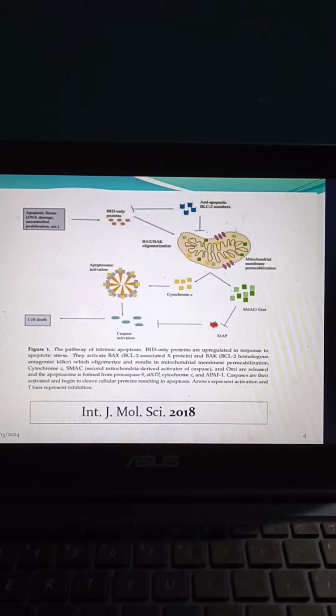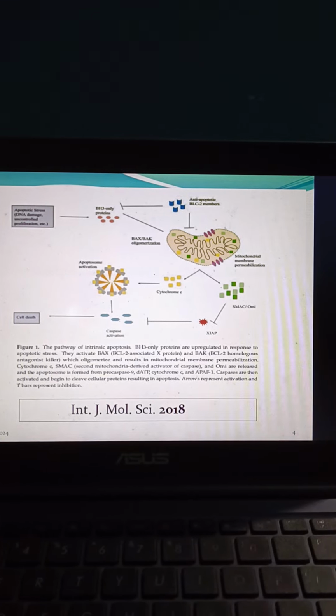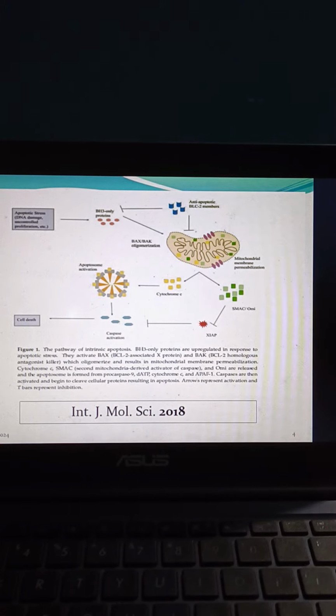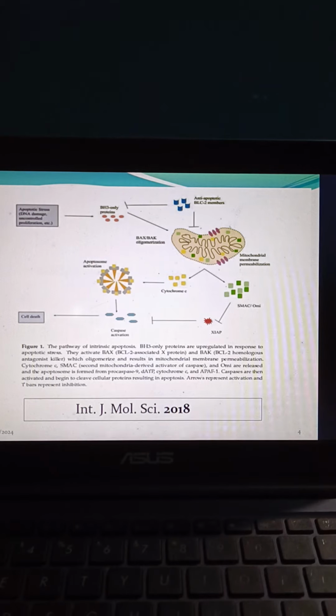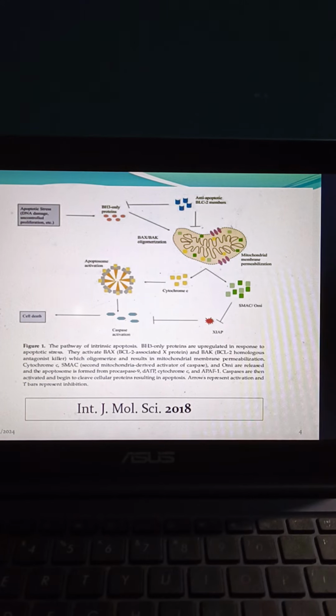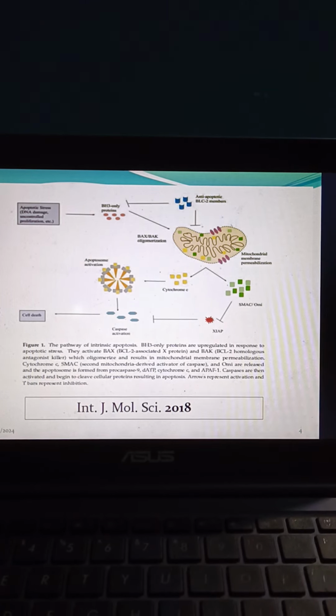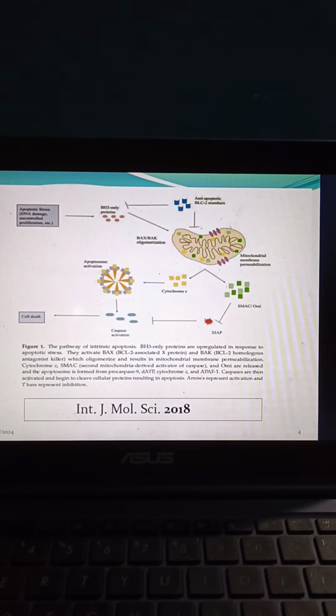So, apoptotic stress, DNA damage, uncontrolled proliferation, etc. activate BH3-only proteins, and BH3-only proteins activate BAK oligomerization and mitochondrial membrane permeabilization, and then cytochrome C, SMAC, and Omi will be released.